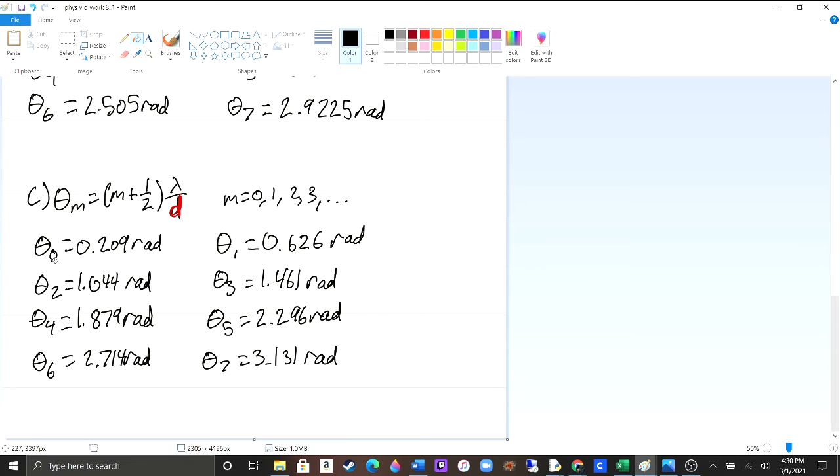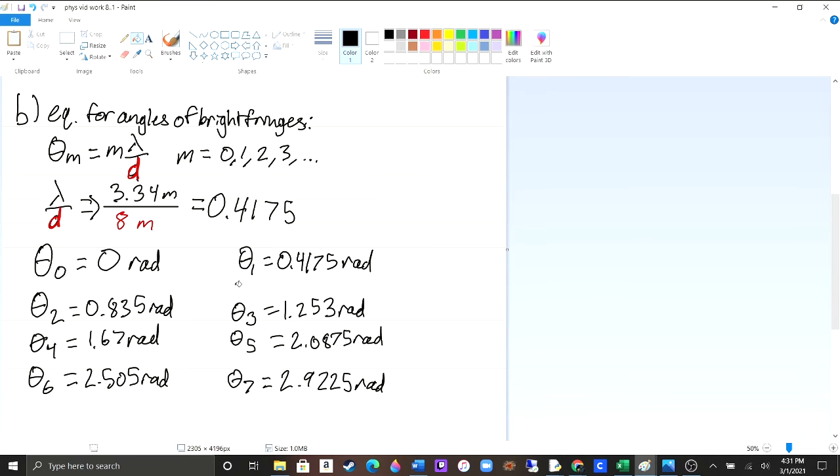And also, because it's symmetrical, the other dark fringes are the negatives of these angles. So we also have a dark fringe at negative 0.209 radians, negative 0.626 radians, and all of those other ones. So that is where all of our minima are.